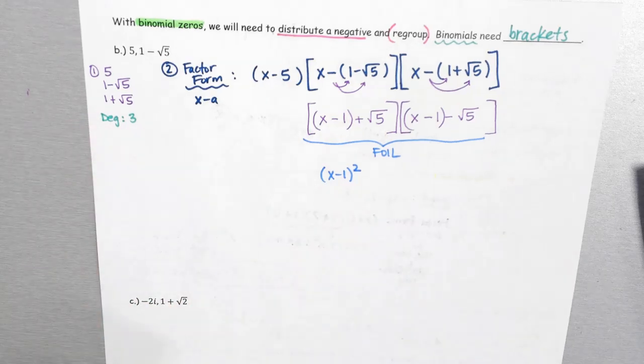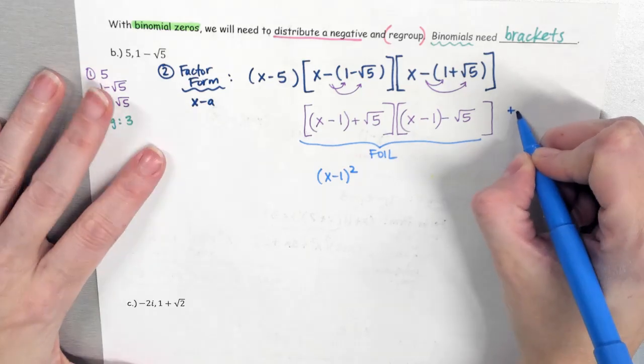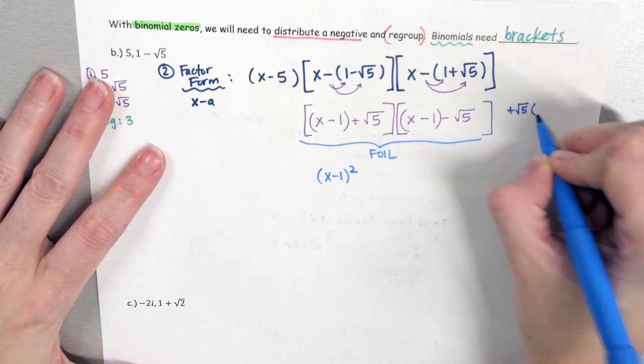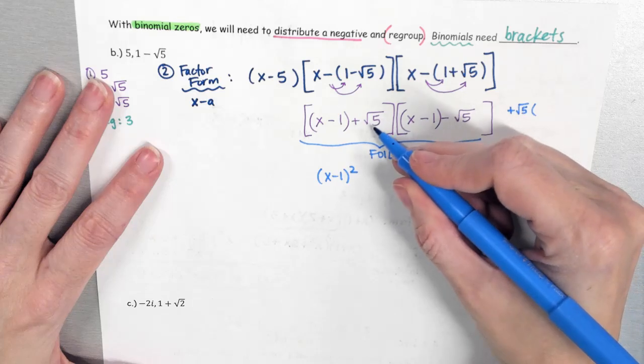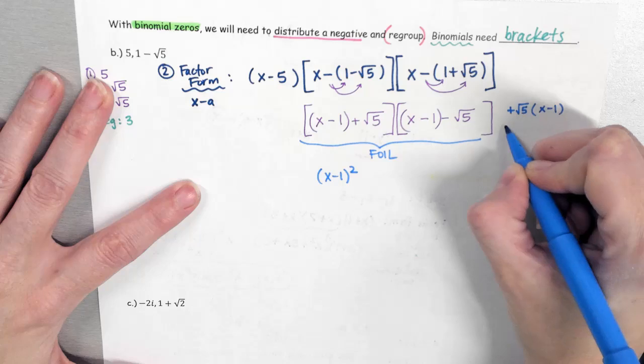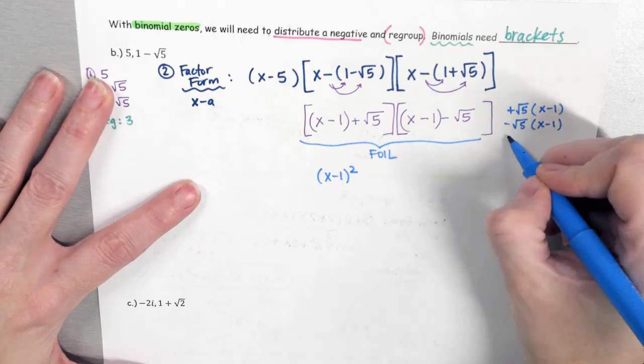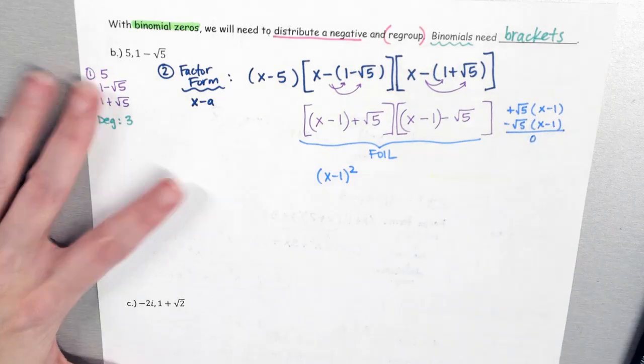Okay? Now again, the middle isn't something that I'm going to have you write down every time. I just want you to see what's happening here so you understand how the pattern works. So on the inside, you'd have root 5 times x minus 1. On the outside, you'd have negative root 5 times x minus 1. So together, when you add them, you get 0.